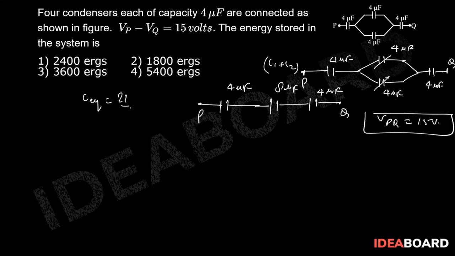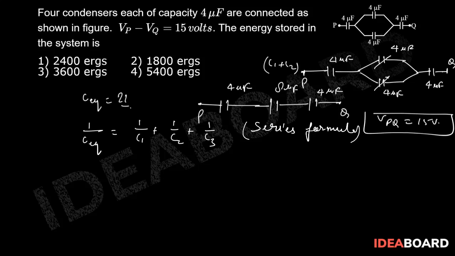So now in order to find C equivalent, 1 upon C equivalent will be 1 upon C1 plus 1 upon C2 plus 1 upon C3. This is the series formula, right? So using the series formula, this is going to be 1 upon 4 plus 1 upon 8 plus 1 upon 4.